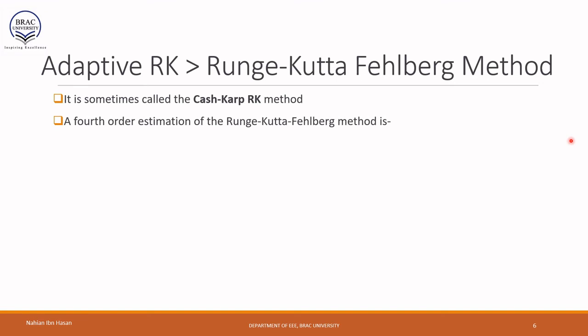Okay, in the last lesson we saw the general fourth and fifth order Runge-Kutta methods. Those are just some special cases. But in this lesson I am showing you an adaptive version of the fourth and fifth order Runge-Kutta method. These are known as the Runge-Kutta-Fehlberg method.